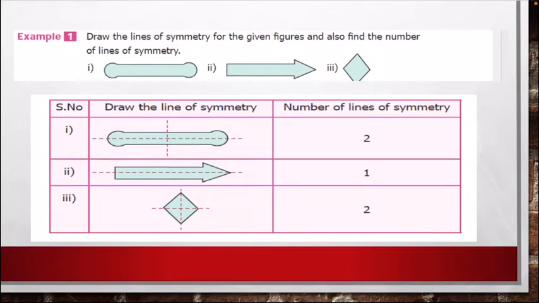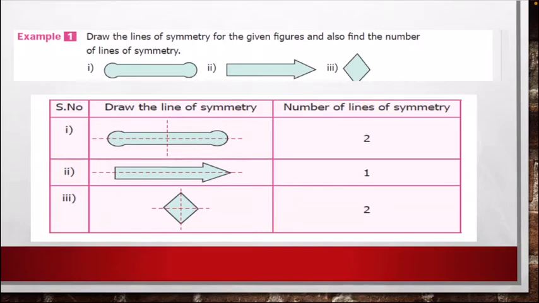Now let us hop on to the next one. If you see the arrow there, how many lines of symmetry can you divide it by? Okay, yes. Of course, I can get 1 line of symmetry. Next, students, now look at it and watch carefully. Can you see the figure as a diamond? Yeah.